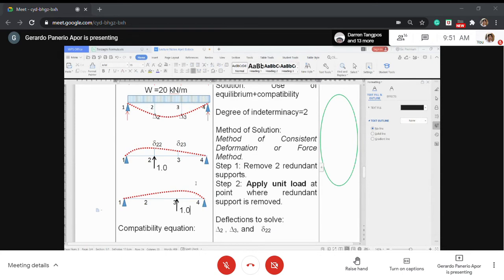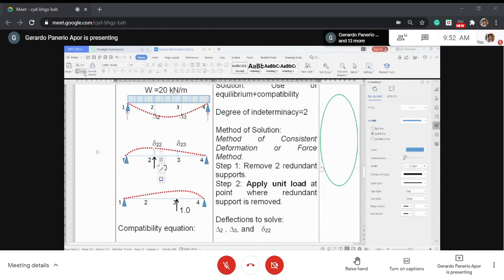So what happened then is that there will be deformation at points of interest. So there is deformation here at 3 and at the other side.